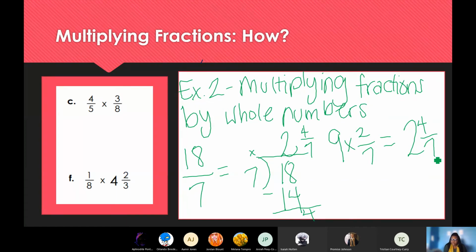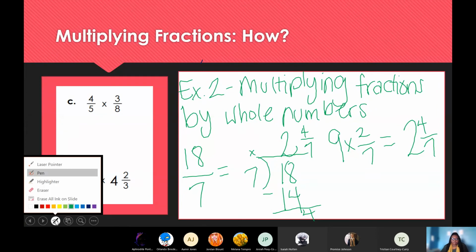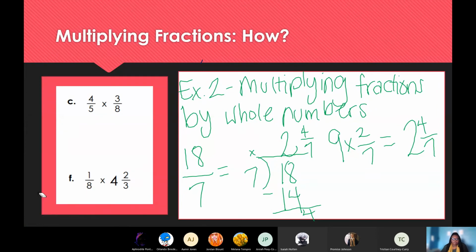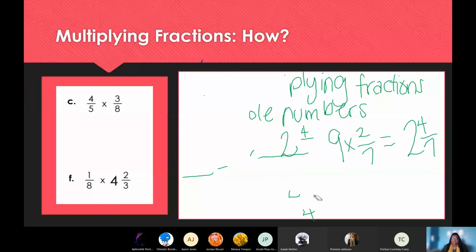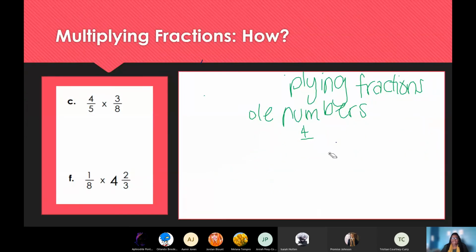And then our example 3 is going to be F over here. Okay. Example 3. 1/8 times 4 2/3.